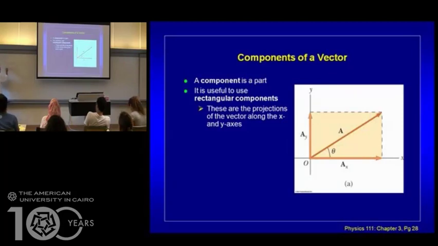B equal to 7 and 4. She gave us those two vectors. I want to add them together. We add the x's together and we add the y's together.